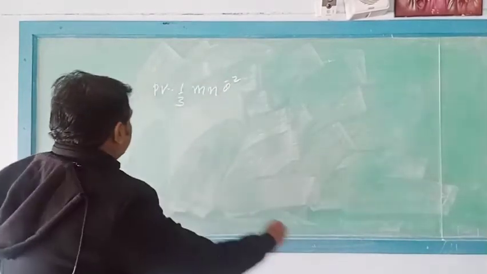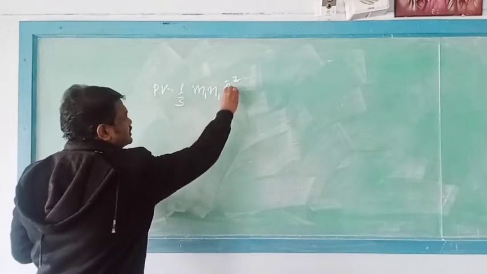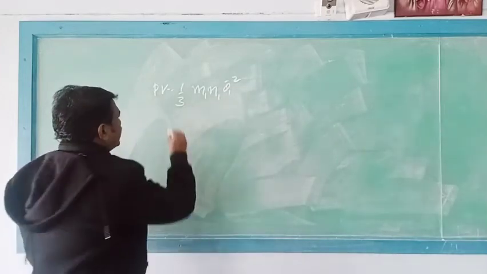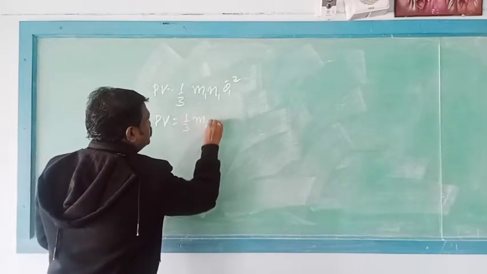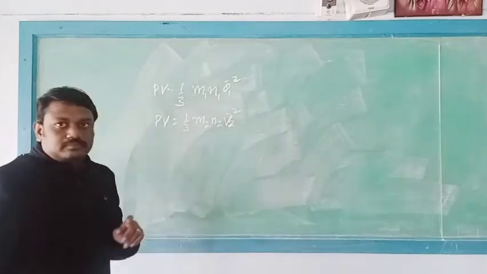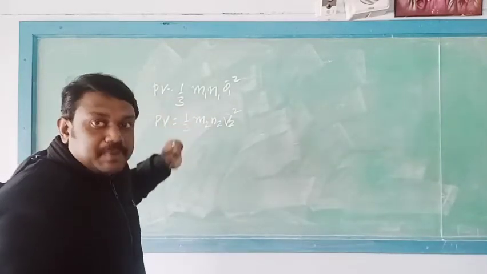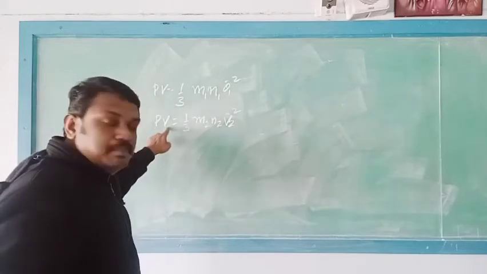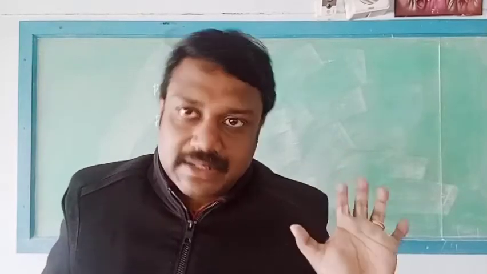So PV is equal to 1 by 3 m1 N1 v1 square, and for another gas 1 by 3 into m2 N2 v2 square.